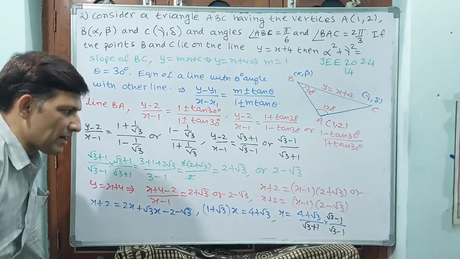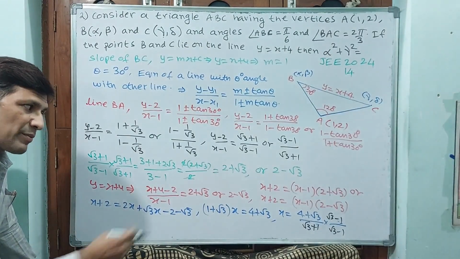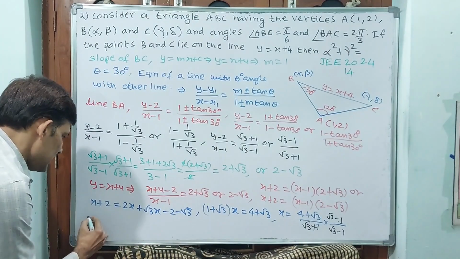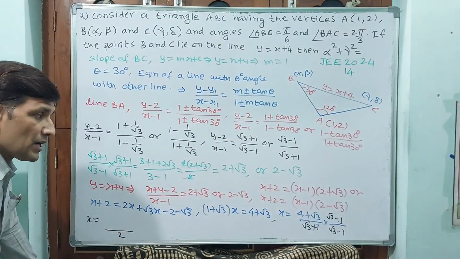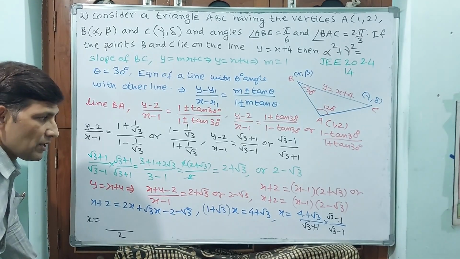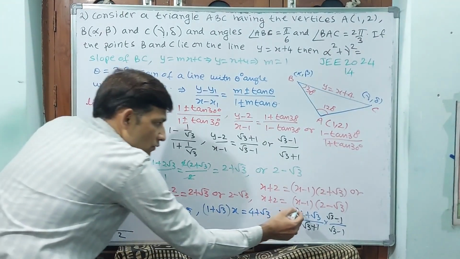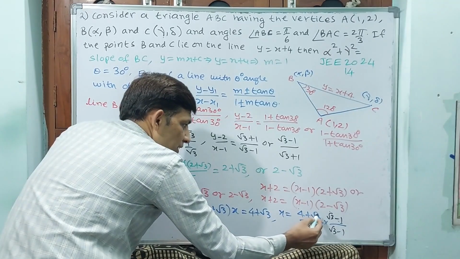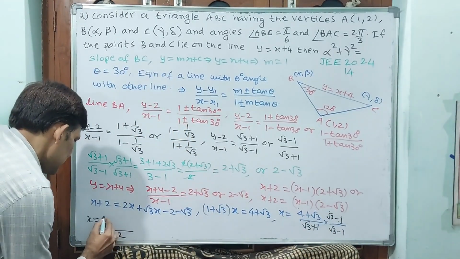Better you take the bigger one, root 3 plus 1. Denominator a square minus b square means again that is going to become 2 only. x is equal to 2. But there you see 4 plus root 3 into root 3 minus 1. 4 root 3 minus root 3, 4 into root 3, 4 root 3 minus 1 root 3, 3 root 3.